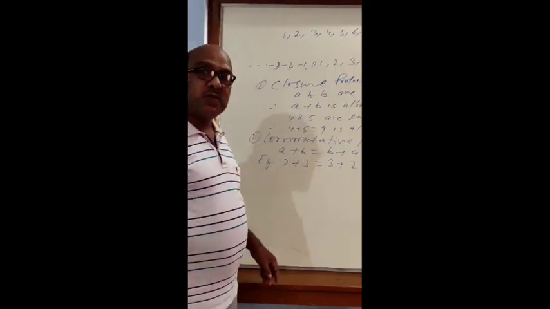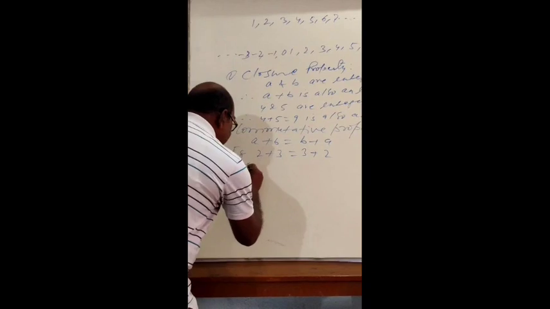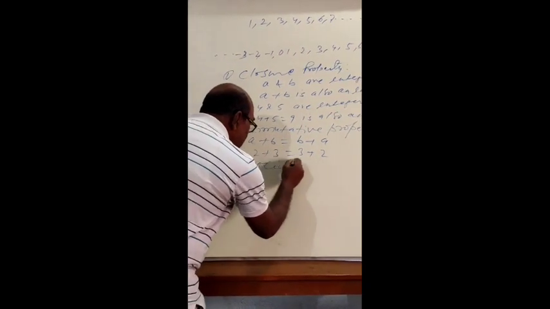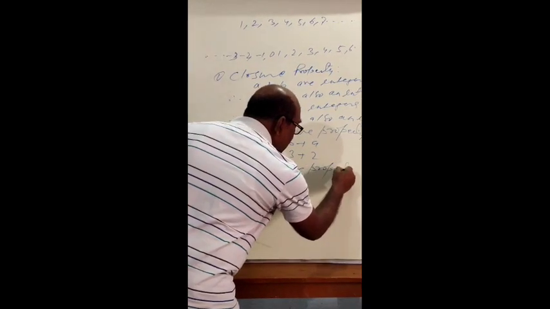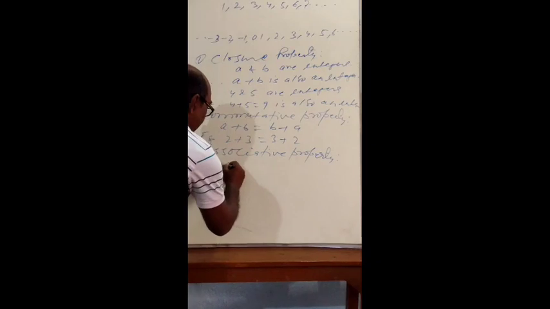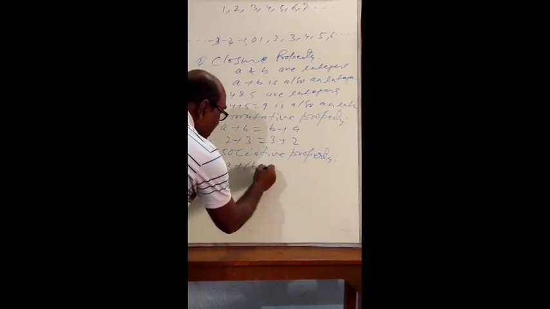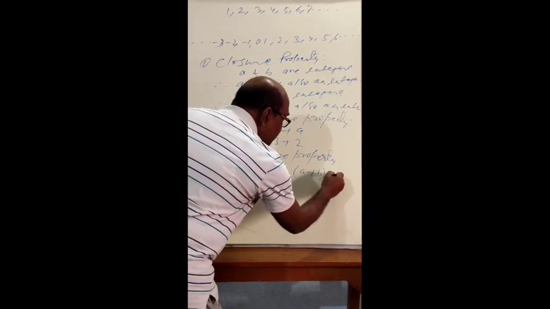Now, the third is the associative property: A plus B plus C is equal to A plus B plus C, with different grouping.